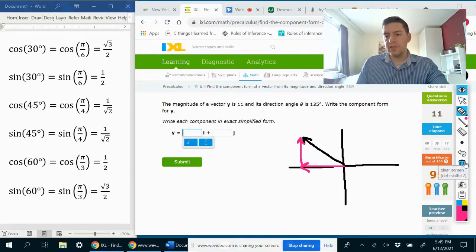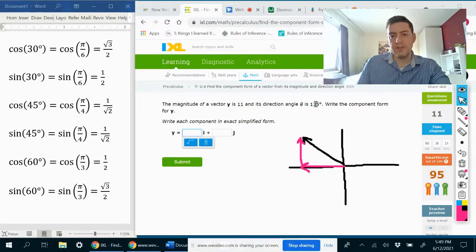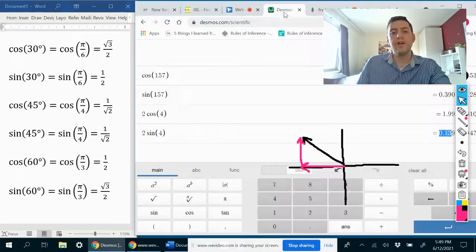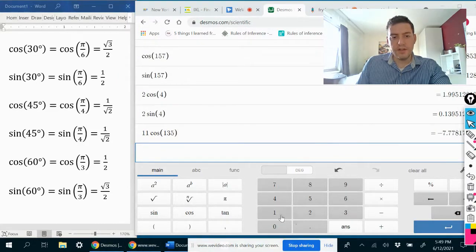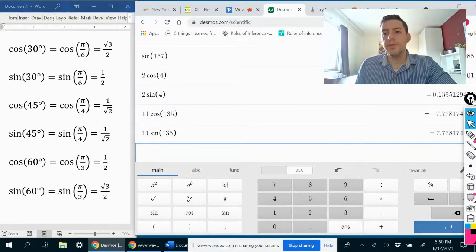But we could do this very simply in the calculator again. We're just going to do 11 times the cosine of 135 for the horizontal component, and 11 times the sine of 135 for the vertical component.